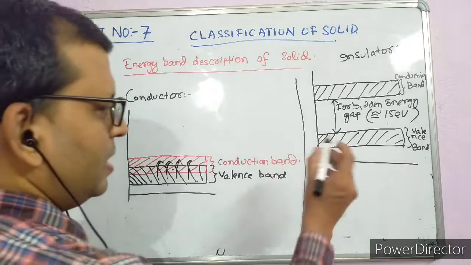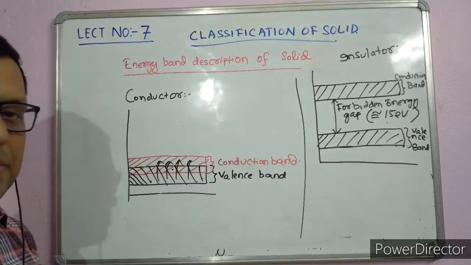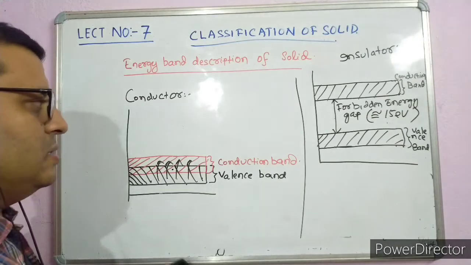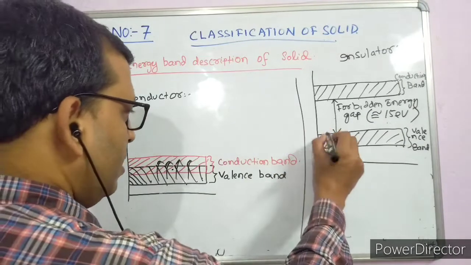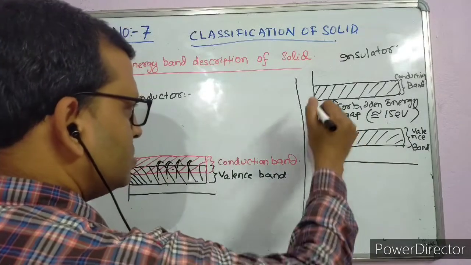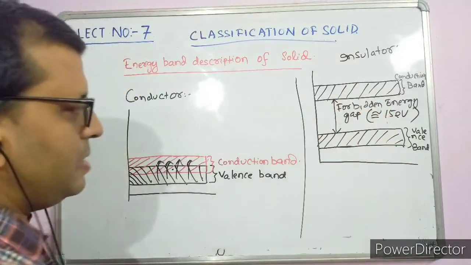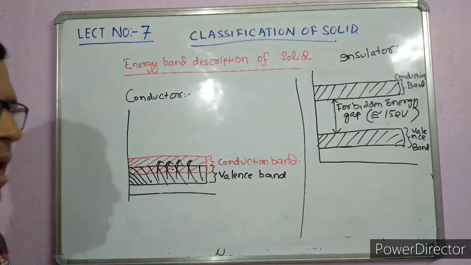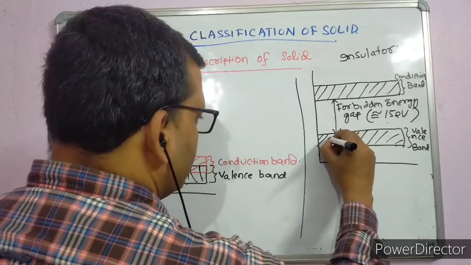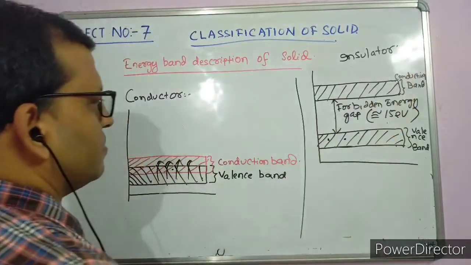So that means the electrons which are present over here, initially, please remember that initially the electrons are present in the valence band. We are trying to send these valence electrons to the conduction band, but because this distance is very high, our forbidden energy gap is very high, the electrons which are present over here cannot go to the conduction band.